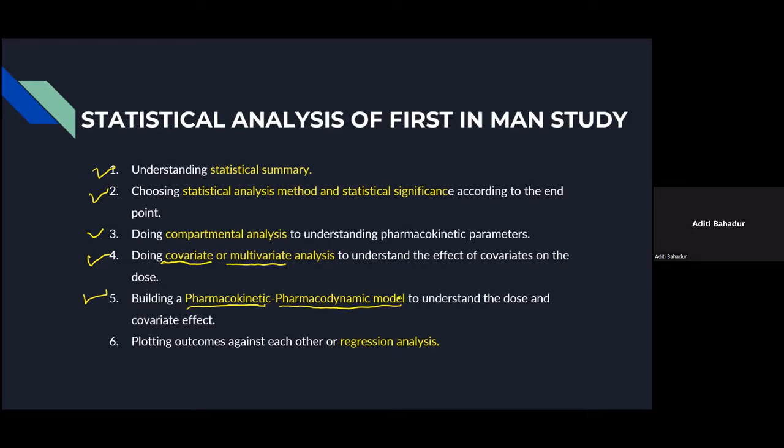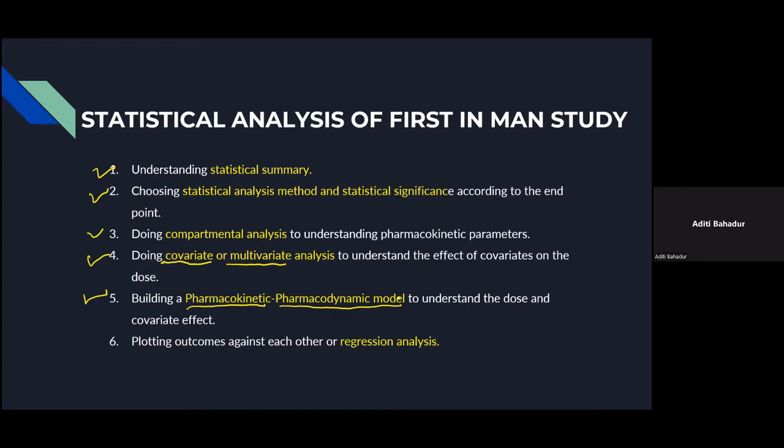We can build a basic structural pharmacokinetic model to understand whether it's a one compartmental, two compartmental, or multiple compartmental drug, and also understand how different kinds of covariates can affect the pharmacokinetics.